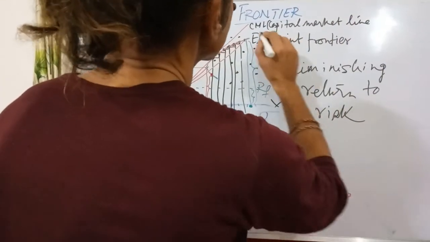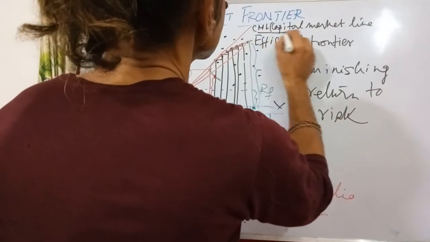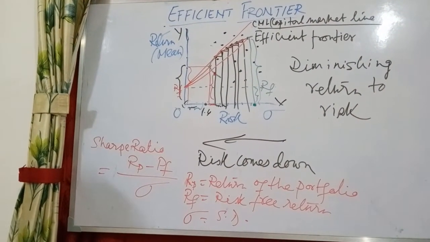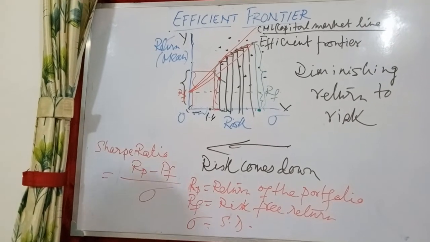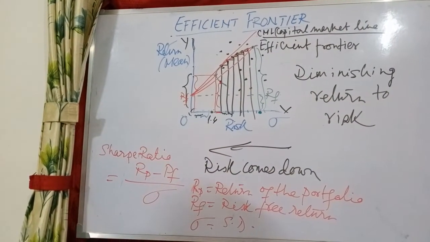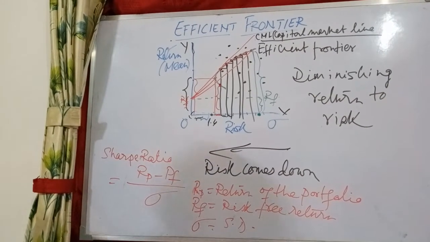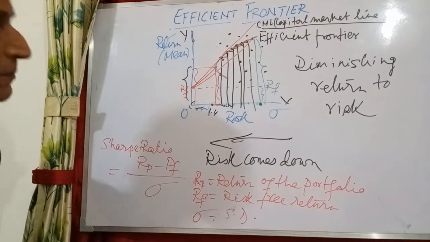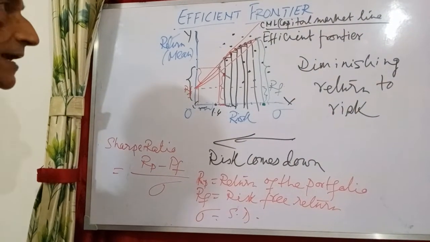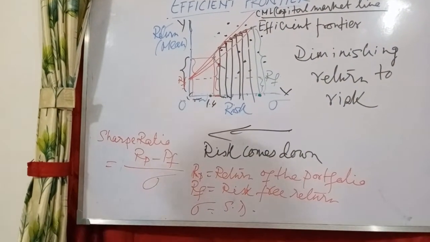The capital market line not only combines but optimally combines the risk-free assets as well as the risky assets.